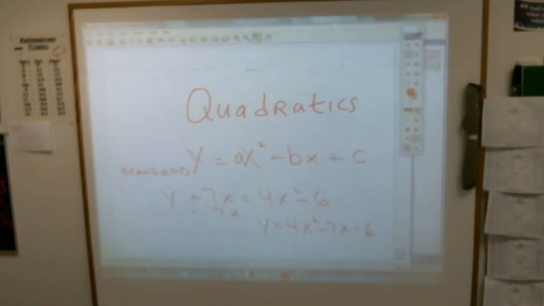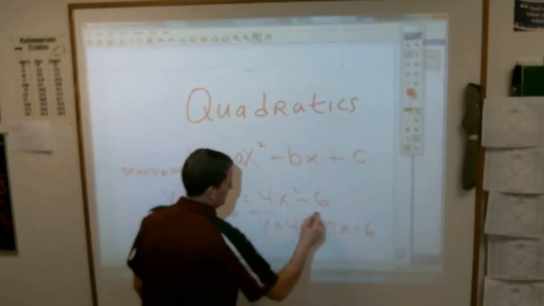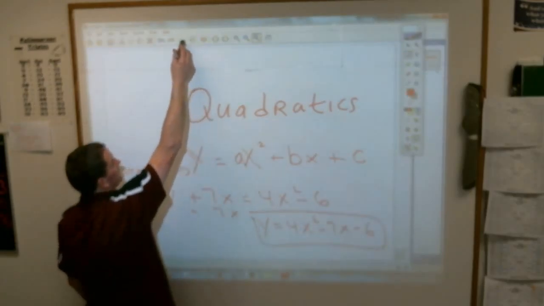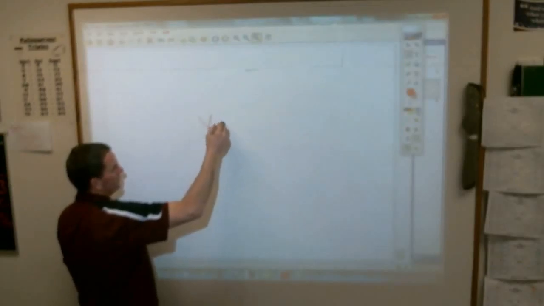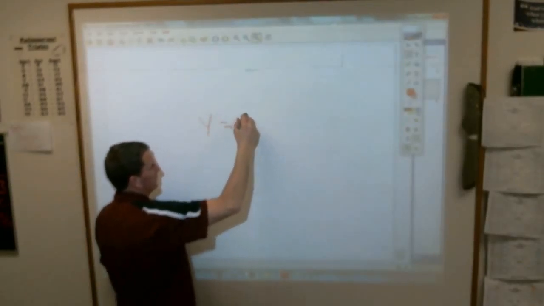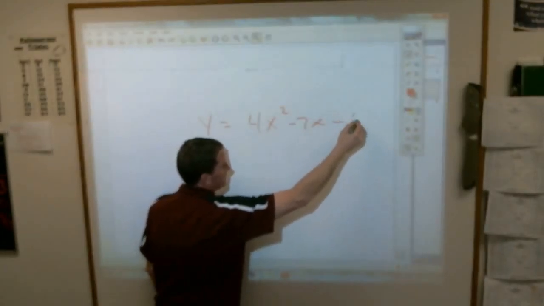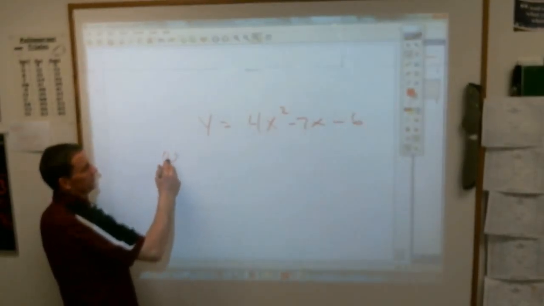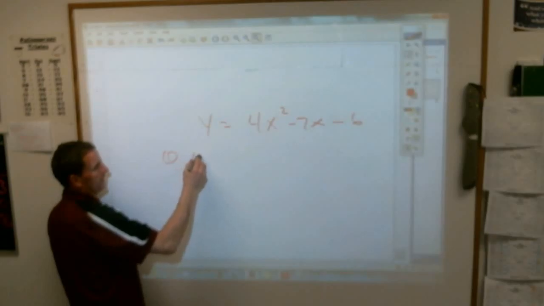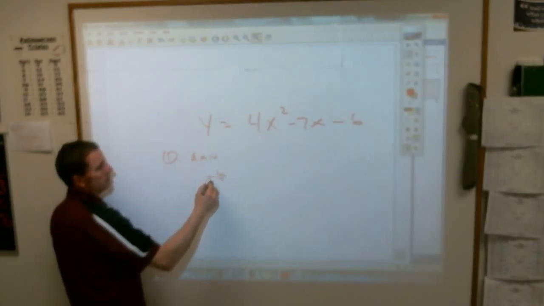So if you have this equation here, let me rewrite it. We also have graphing calculators, so you can look at it and check your work. It was 4x squared minus 7x minus 6. Your step number 1 is to find the axis of symmetry, which was negative b over 2a.